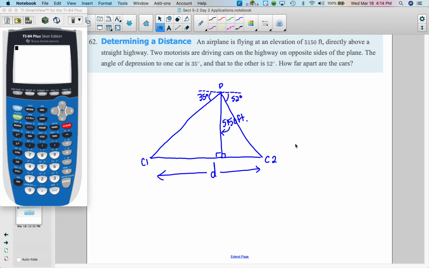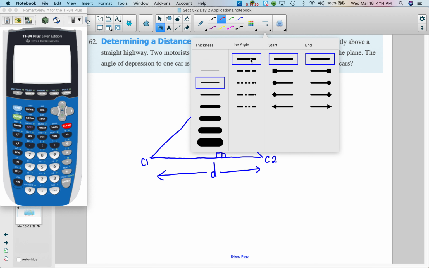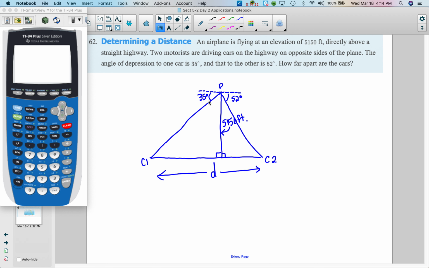The picture is definitely necessary because we have to be able to figure out what we're dealing with. But now notice that as far as working with the triangle, this is 35 degrees. I either want to use this angle down here. And remember, parallel lines cut by a transversal means this is also 35 degrees.